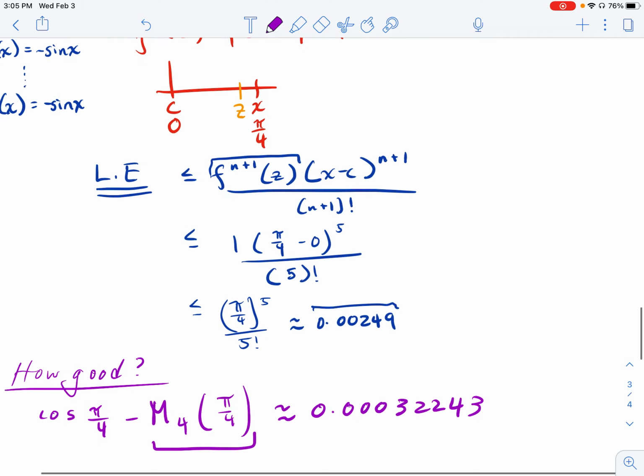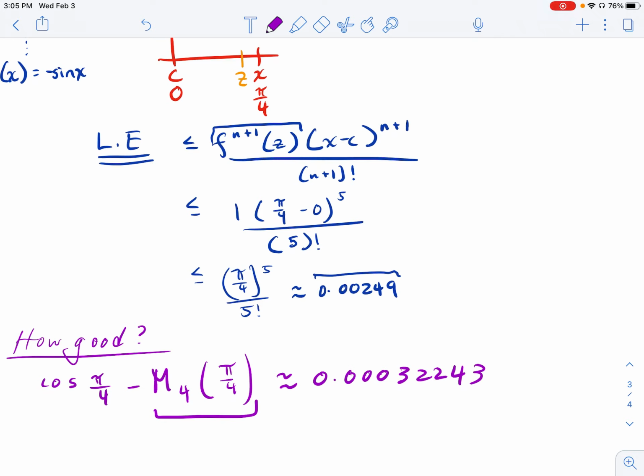So even though our Lagrange error looked really good at the beginning, we're pretty good to 0.002 of a place, our actual error is way smaller than that. But that's fine because this is to give us the largest possible error that we could have.